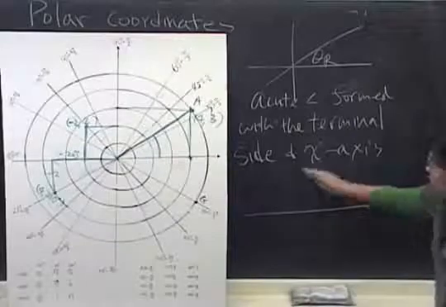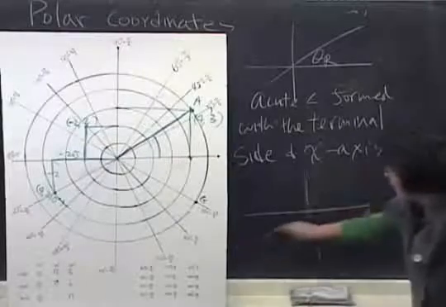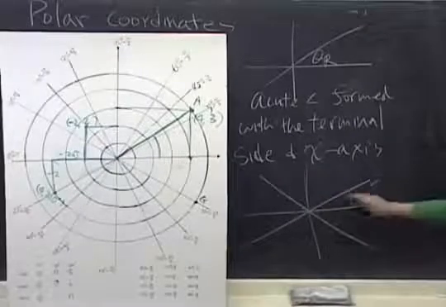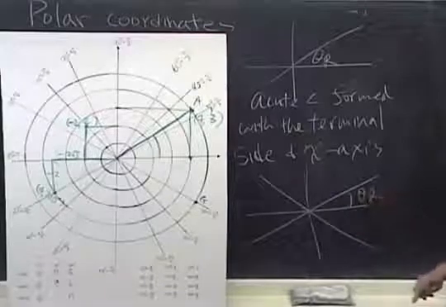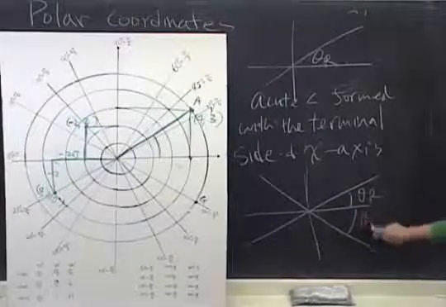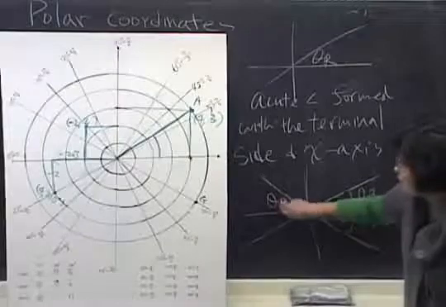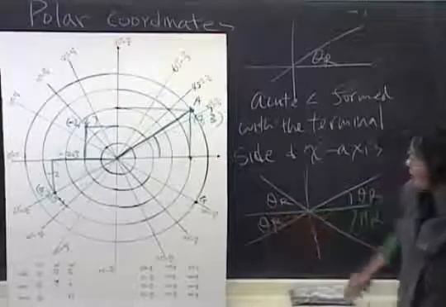So if I have a coordinate system like this, this one is called a reference angle, acute angle. This one is a reference angle, that one is a reference angle, and this one is a reference angle.